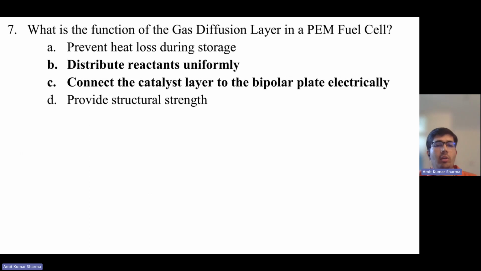So what is the function of the gas diffusion layer in a PEM fuel cell? Now, what is the function of this GDL, a gas diffusion layer? Option A, prevent heat loss during storage. B, distribute reactants uniformly. C, connect the catalyst layer to the bipolar plate electrically. And D, provide structural strength. So let me know the answer. Think about it.